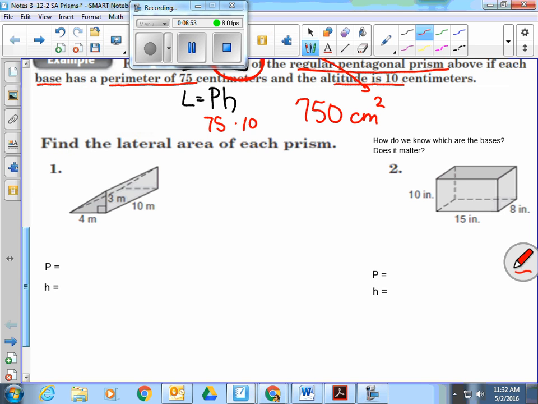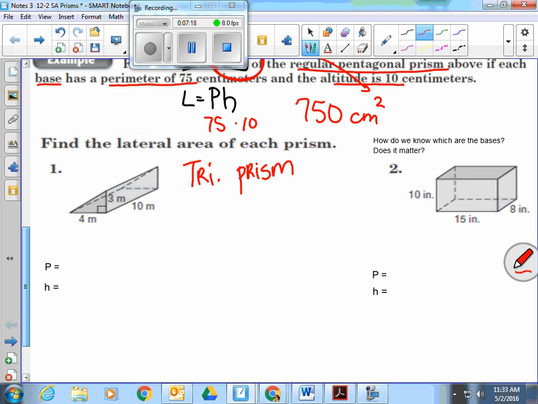A prism. Very good. What shape is not a rectangle? The triangle. Very good. So this is a triangular prism. Are we good? It's a prism because it's made out of rectangles, and it's a triangle because that's the shape that's not a rectangle. That means the triangles are our bases.